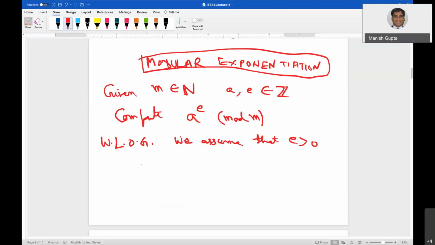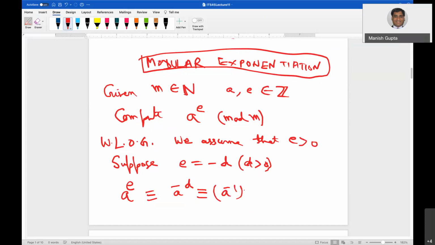Suppose e is negative, what will happen then? Suppose e is negative, its value is e is minus d, where of course d is positive, then only it is negative. Then a raised to power e is the same thing as a raised to power minus d, which is the same thing as the inverse of a raised to d mod m.